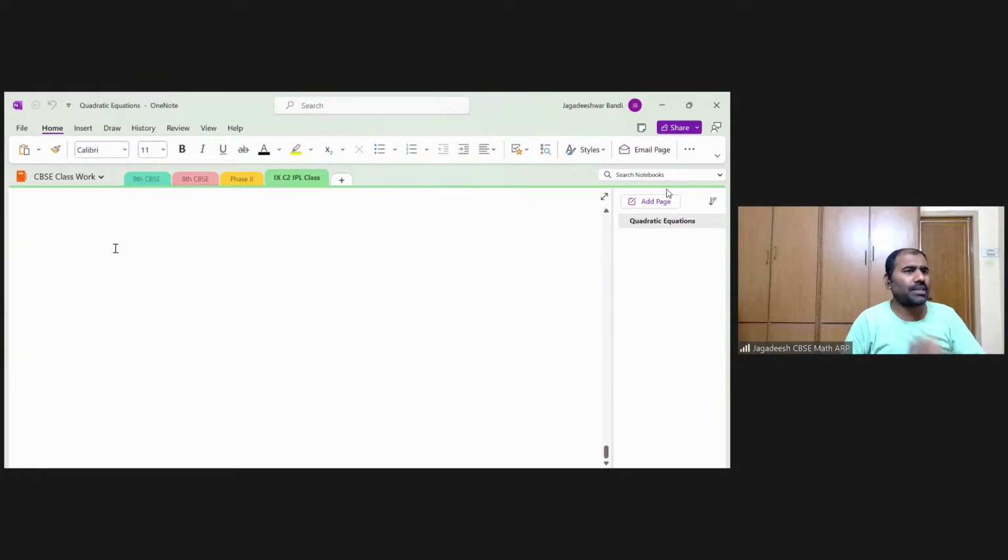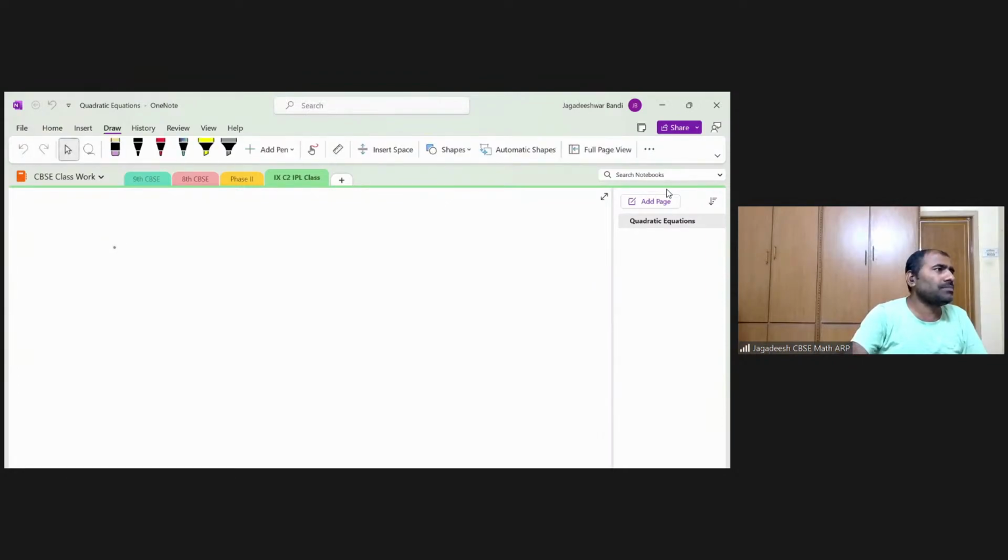Okay, children, now let's move to the next question, the second question. If one root of the equation ix square minus 2 into (1 plus i) into x plus 2 minus i equal to 0 is 2 minus i, then the other root is what?